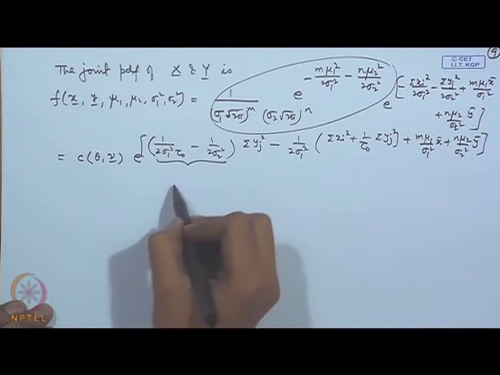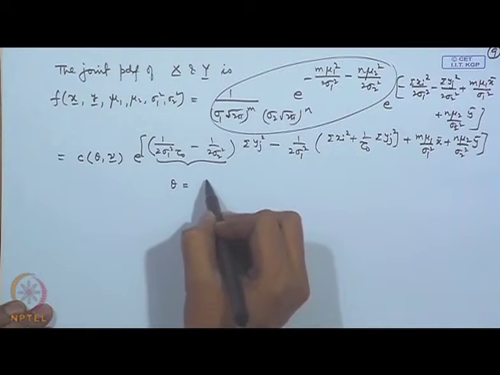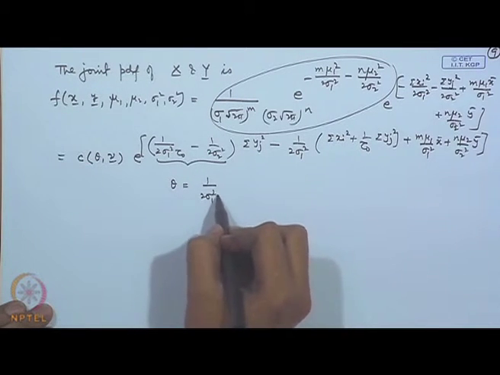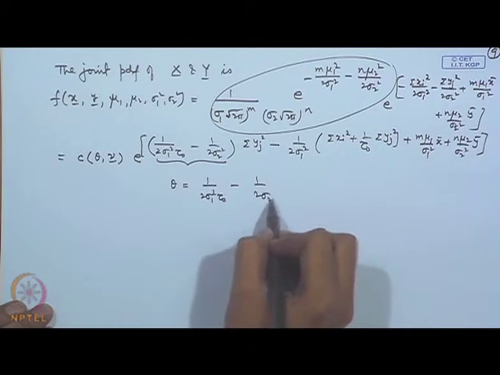Here I am taking theta to be 1 by 2 sigma 1 square tau naught minus 1 by 2 sigma 2 square.